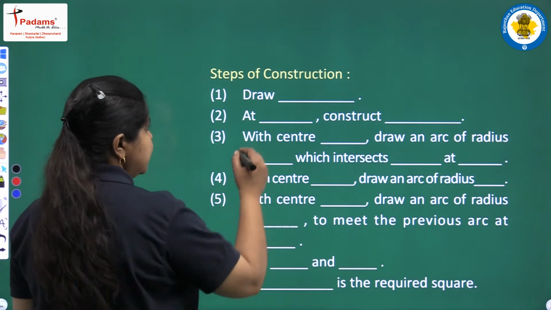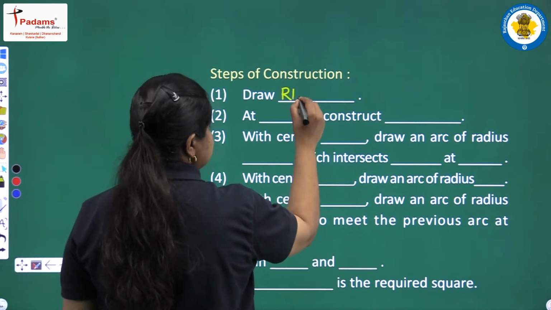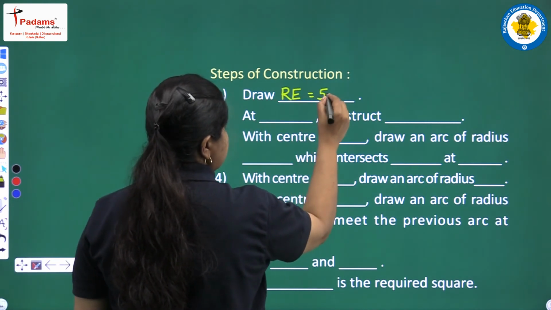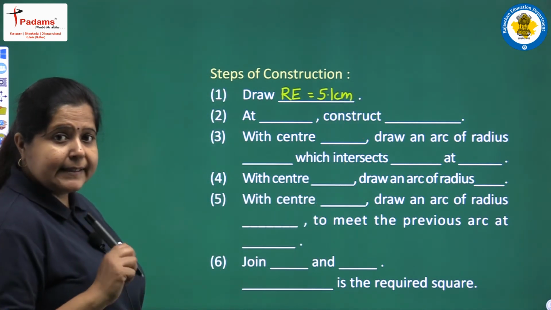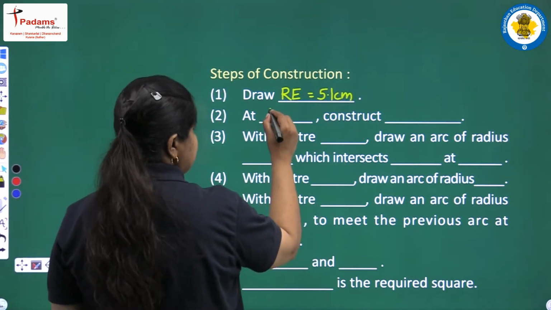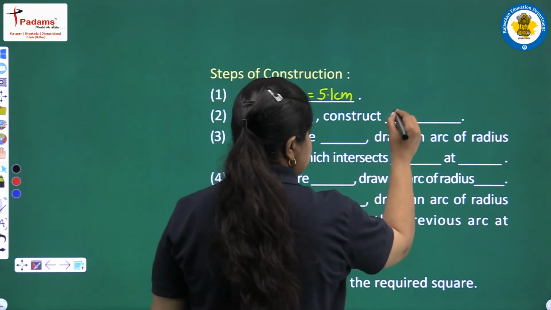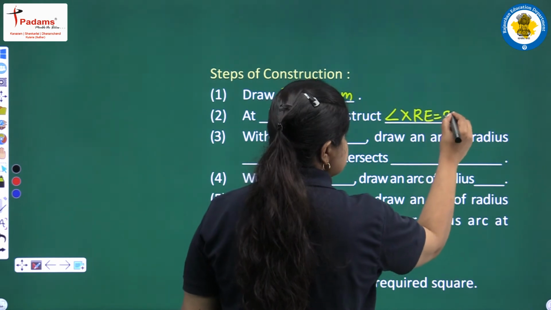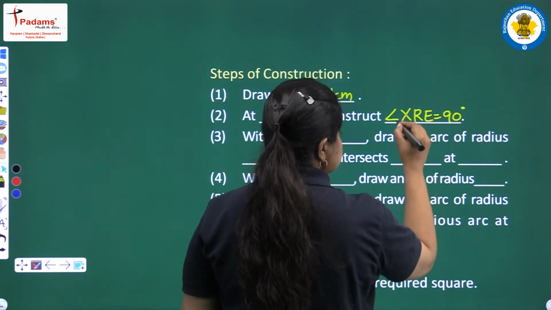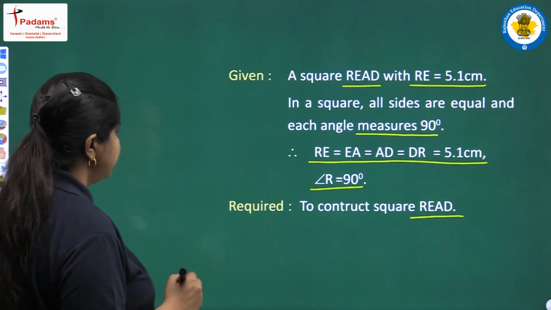First of all, draw RE equal to 5.1 centimeter as we did in our figure. Then at R, construct angle XRE equal to 90 degree. This is what we did in our figure.